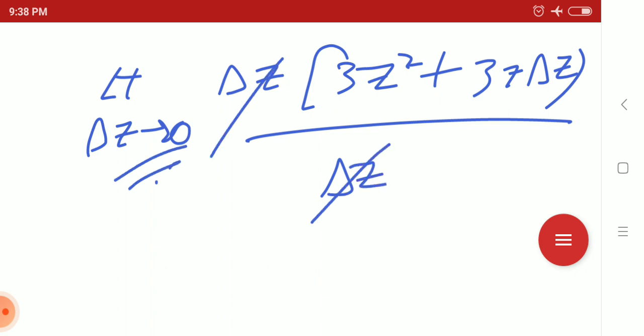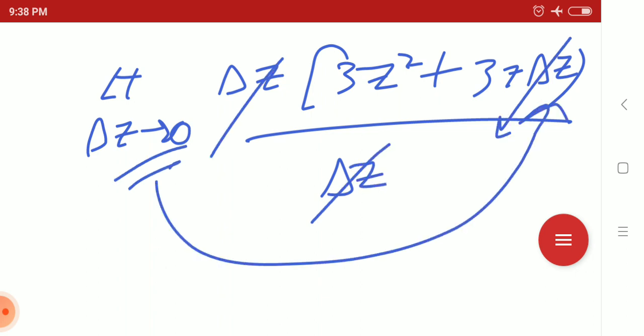Now delta z tends to 0, put it here, and the remaining terms become 0, so we get 3z square. So we are getting the derivative of z cube as 3z square.